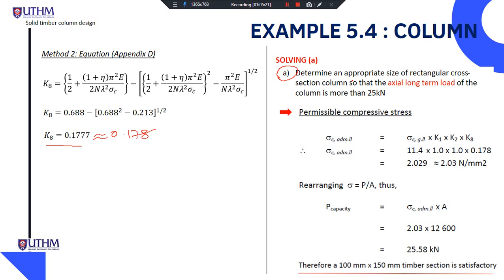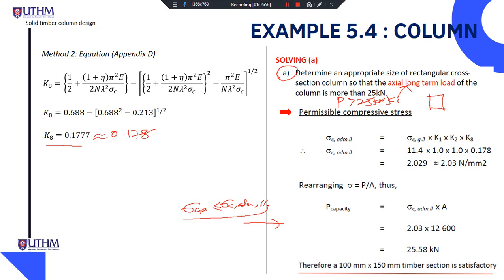Determine the appropriate size of the rectangular cross section so that the actual long-term load of the column is more than 25 kilonewton. We need to verify that our actual compression stress must be less than or equal to the permissible compressive stress.